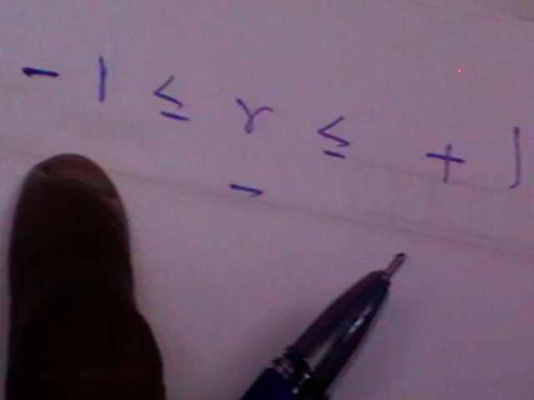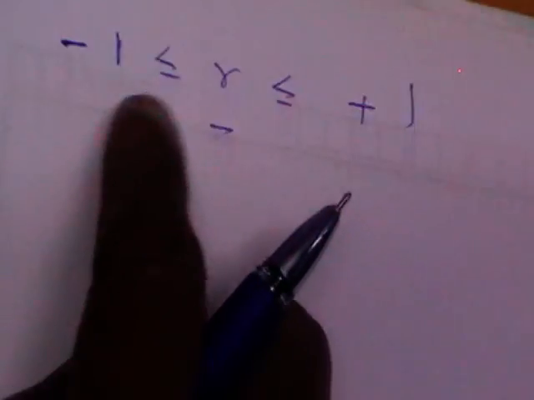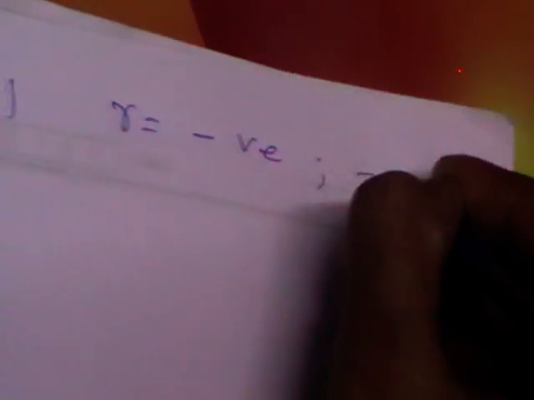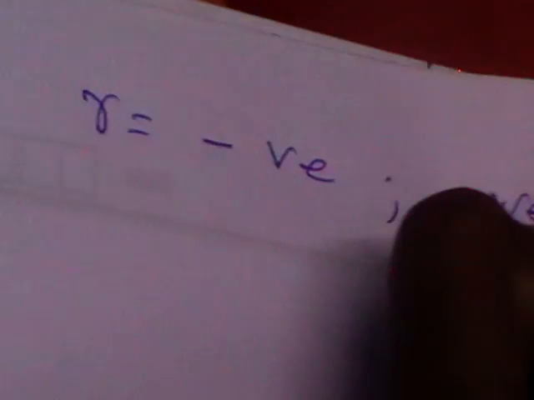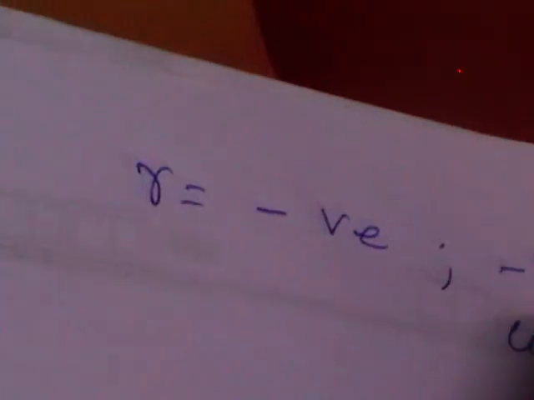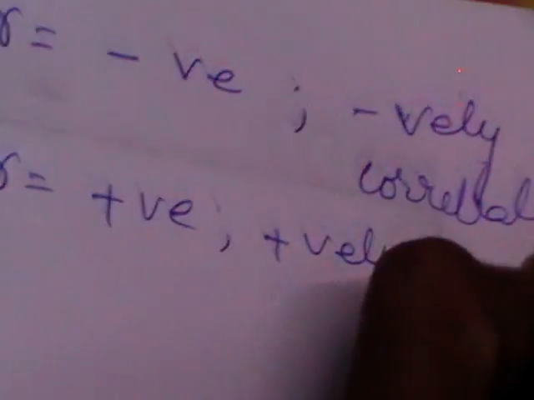Generally we have limits on r: the r value always lies between -1 and +1. So after calculating r using that formula, it should always lie between -1 and +1. Whenever we get a value in the negative range, we call that the two variables are negatively correlated. Whenever we get values in the positive range, we say that the two variables are positively correlated.